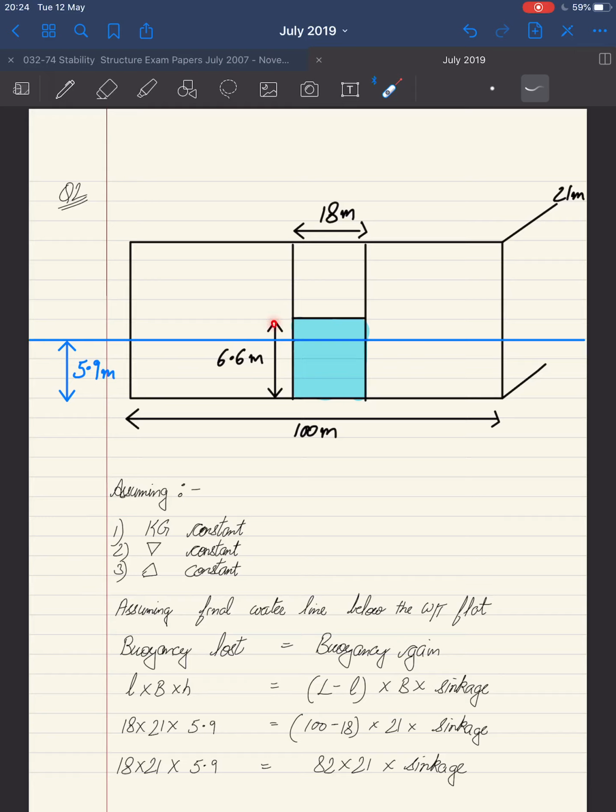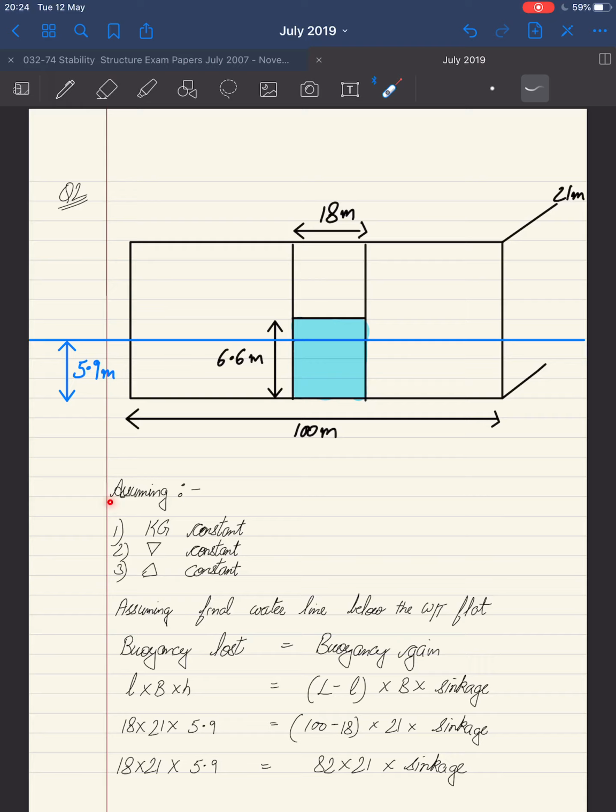This is the height of the compartment, which is from the keel to the watertight flat. So this is the watertight flat, and this is the keel. So the height is 6.6 meters.